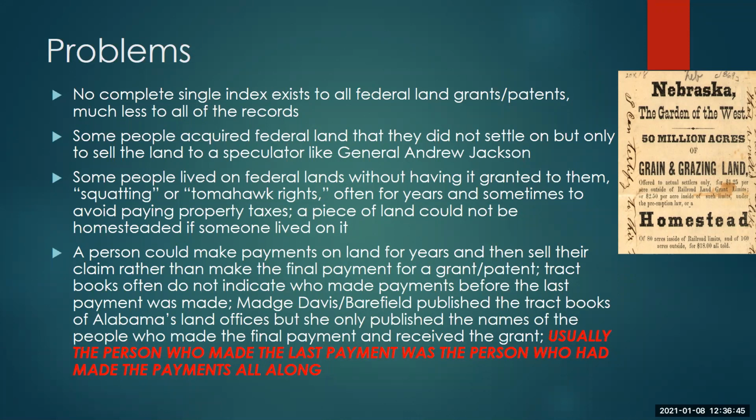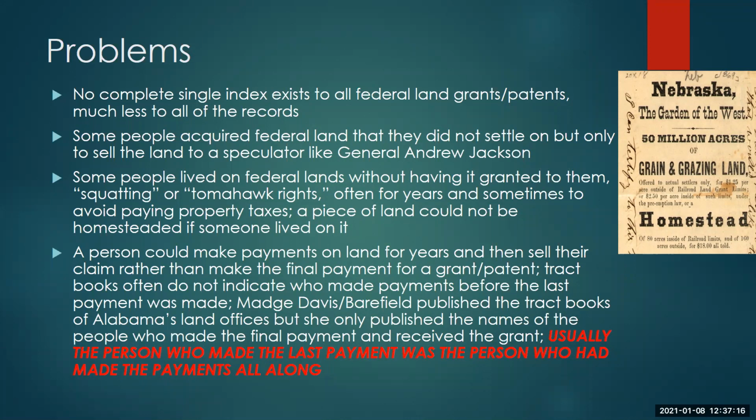First off, there is no complete single index to all federal land grants and patents, much less to all the records. All the indexes out there, including that of the Bureau of Land Management, are faulty to a degree. And so sometimes you have to scratch your head a bit and try several different ways to find out if your ancestor received federal land and where that land was.